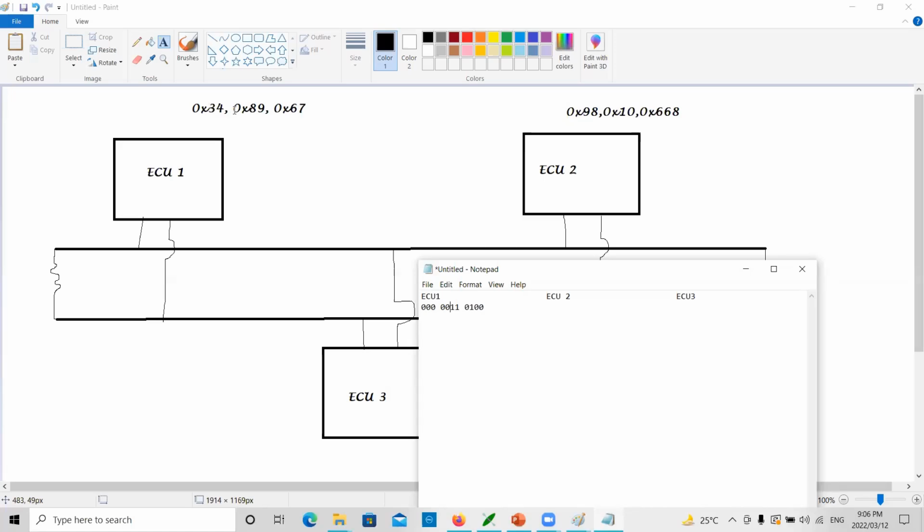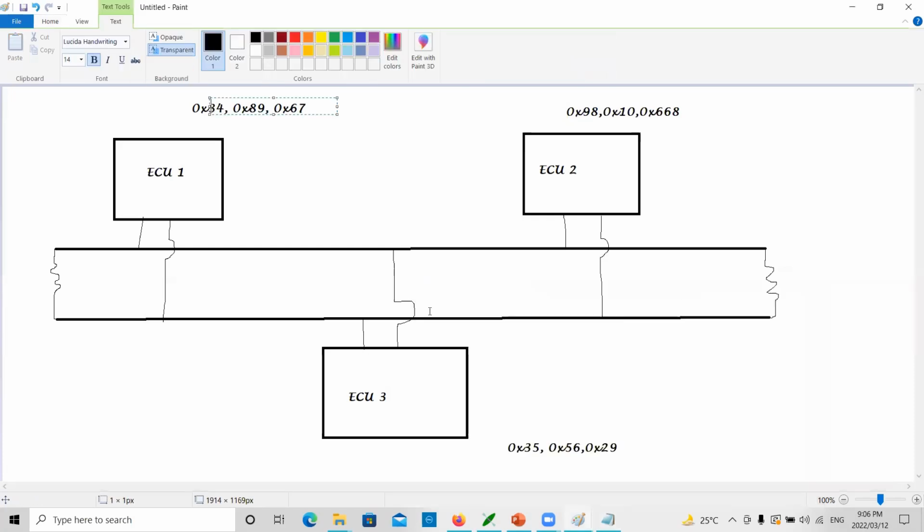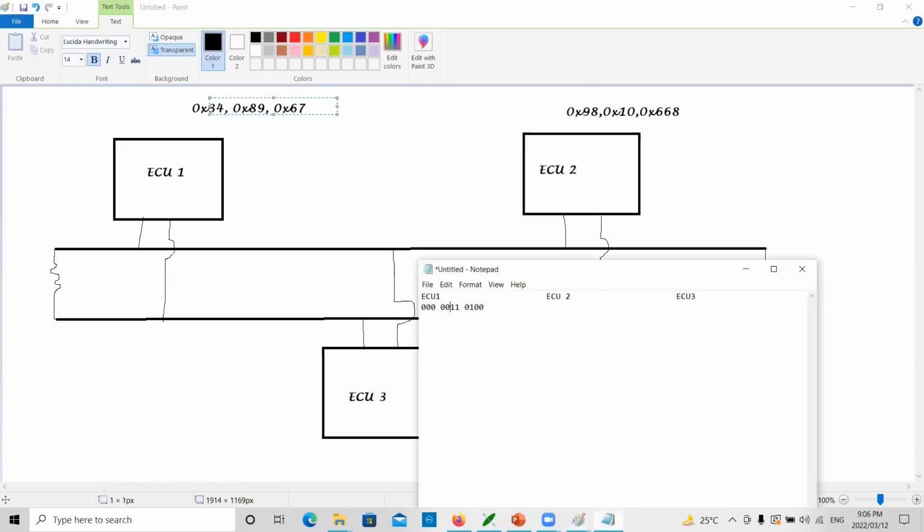If you know the equivalent binary of every digit, I know the equivalent binary of 4 is 100 and 3 is 011. So as I know that, I'm able to put that, because you should not get confused. That's why I'm explaining this.